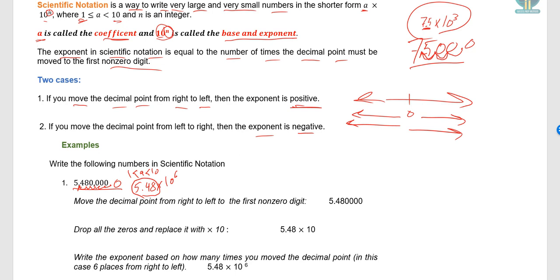So the coefficient has to be between 1 and 10. So now I have 5.48 times 10 to the 6th. Again, we move the decimal point from the right to the left to the first non-zero digit, so 5.48. And then you can drop all these zeros, because they're just insignificant at this point.